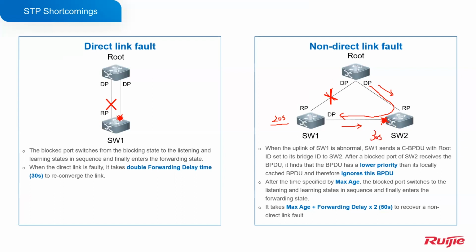So in this case, when the non-direct link fault occurs, it takes 20 plus 30, about 50 seconds to recover. Okay. This is the shortcoming of STP. The recovery time of STP is too long. It takes about 30 to 50 seconds to recover from a fault in the network.